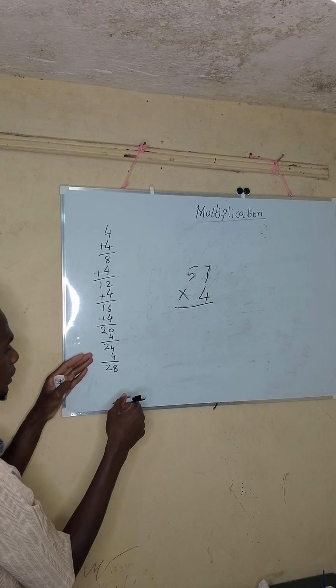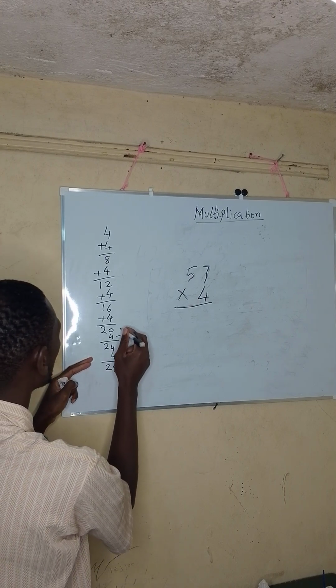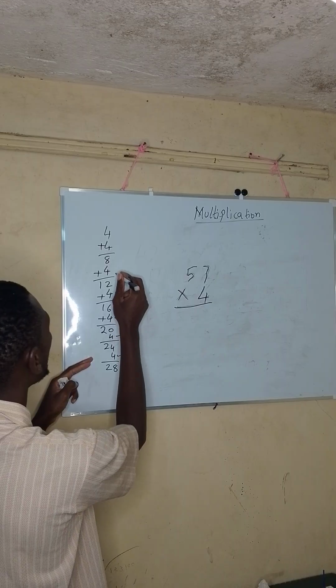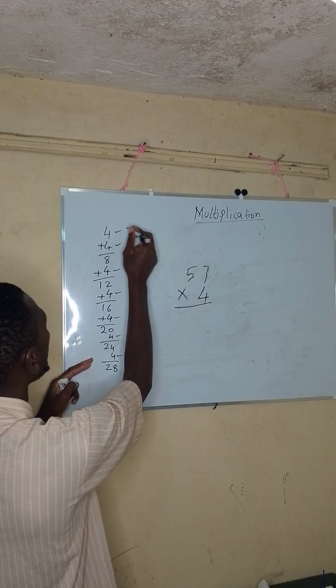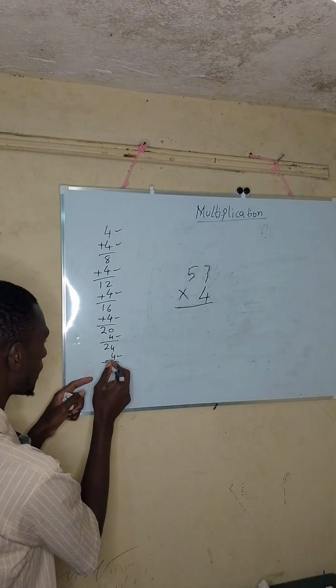So let's count how many 4s these are. We have 1, 2, 3, 4, 5, 6, 7. So that is 7 times 4, giving you 28.